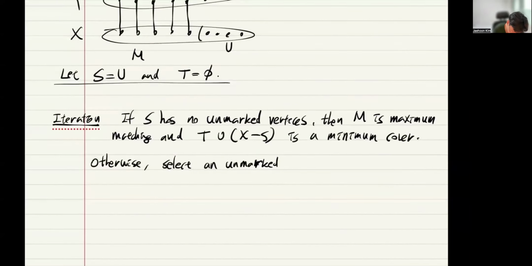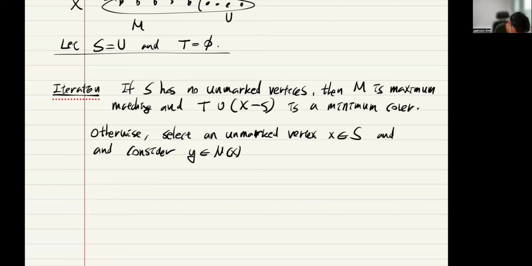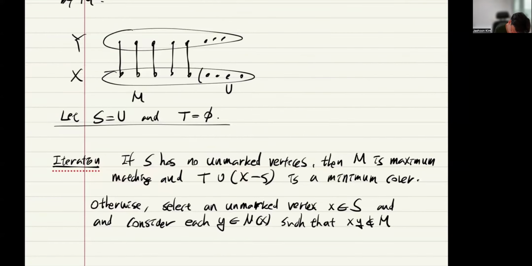So we select an unmarked vertex, say X in S, and consider each Y which is a neighbor of X such that XY is not in M. So this is our X. Then we consider all Y which are neighbors of X through edges not in M.